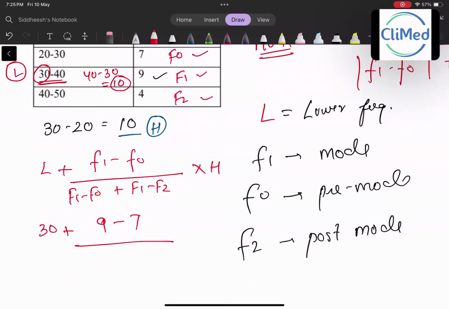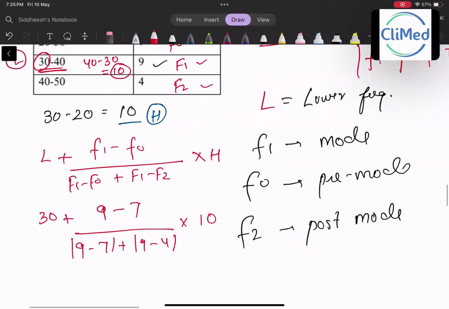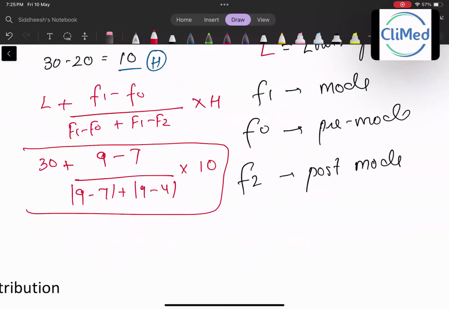Then again F1 is 9, minus F2, into 10. Now solve this equation for me. It's simple mathematics.